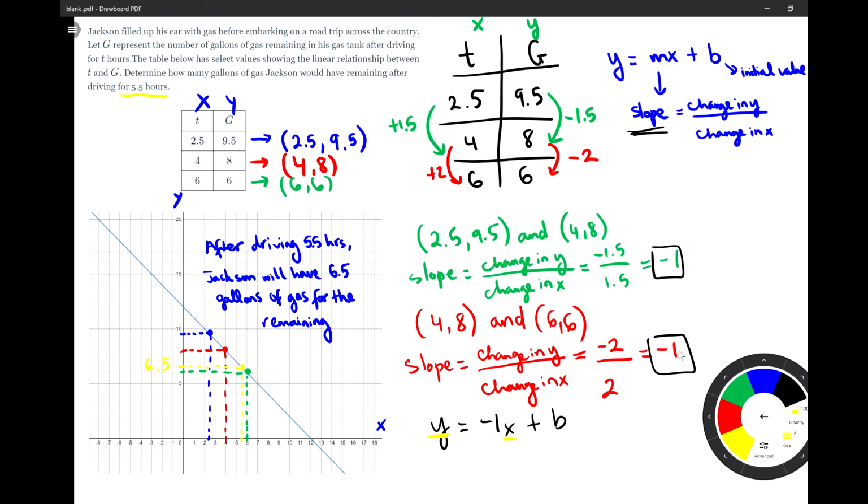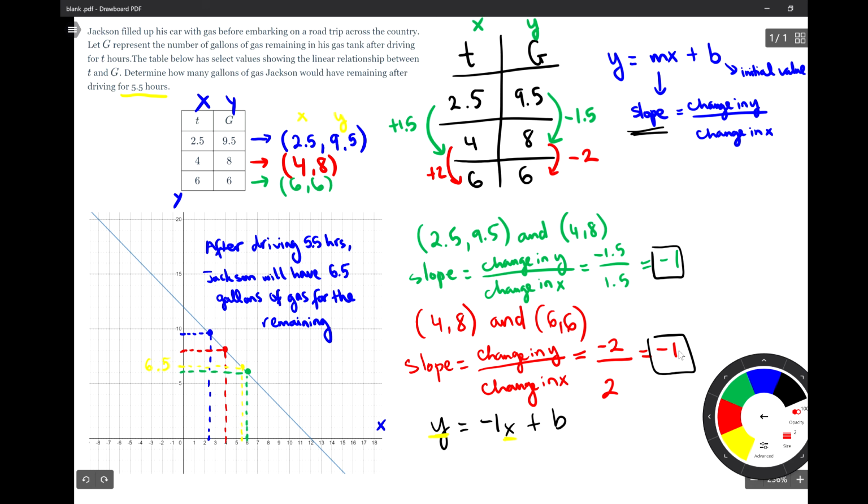Remember, when we rewrite as coordinates, we have x and y. So you can pick any of them and plug into this x and y. I will pick 4 and 8. So if I pick 4 and 8, then my y will be 8.